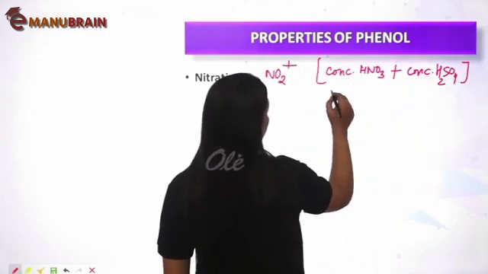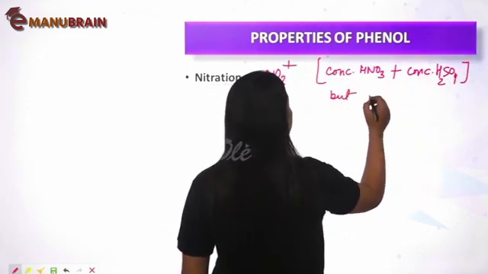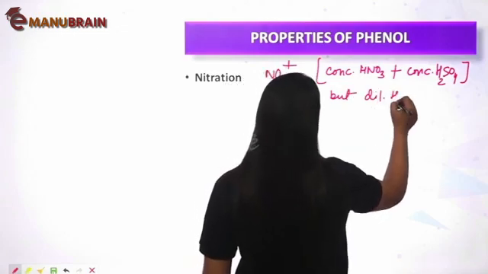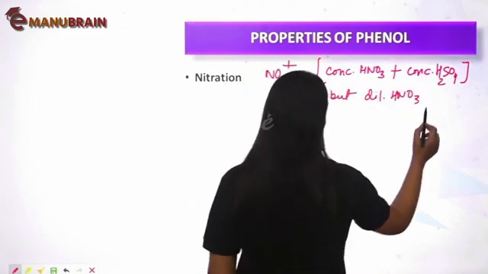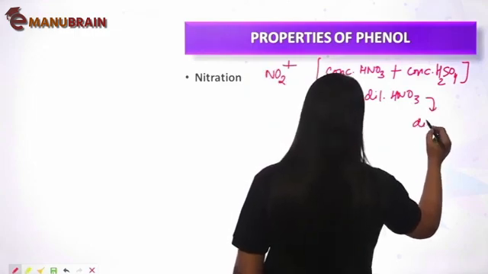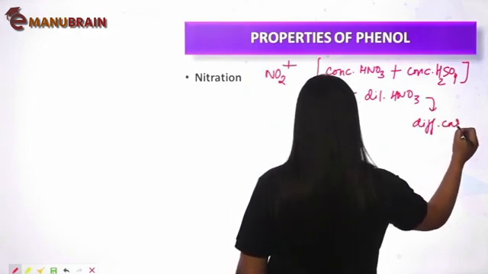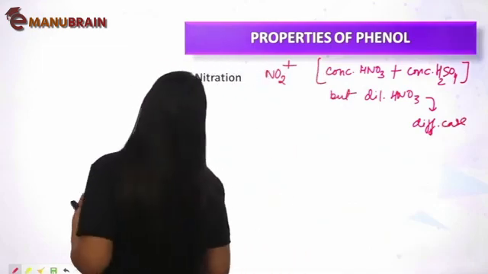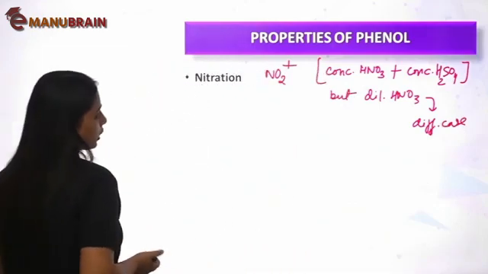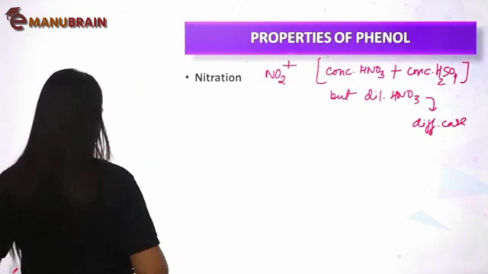But if you use dilute HNO3, then there is a different product, okay. So I'll write here different cases. We'll see when dilute is used and when concentrated is used, how the products change.